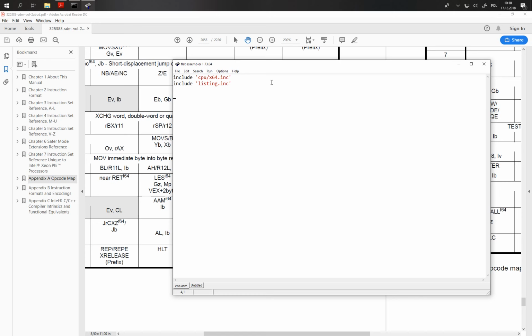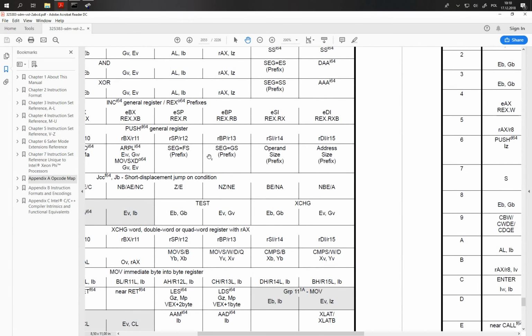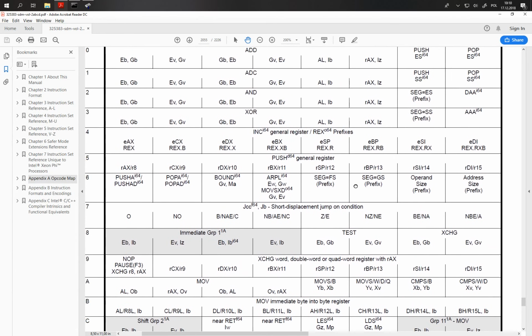Now there is something interesting that happens when we move on to the 64-bit world. This is a row that has the increment instruction, originally in old CPUs, in old modes, legacy modes, reused for a REX prefix in 64-bit architecture.